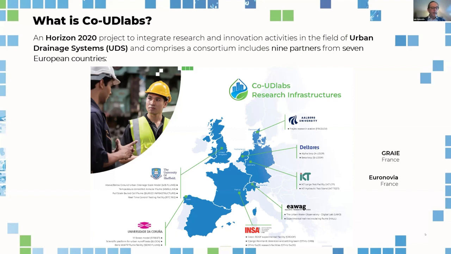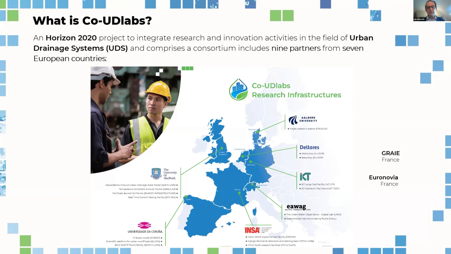Over those 4 years, we've been able to cover a rather large range of projects, all about improving the way in which urban drainage research is undertaken and to encourage collaboration.